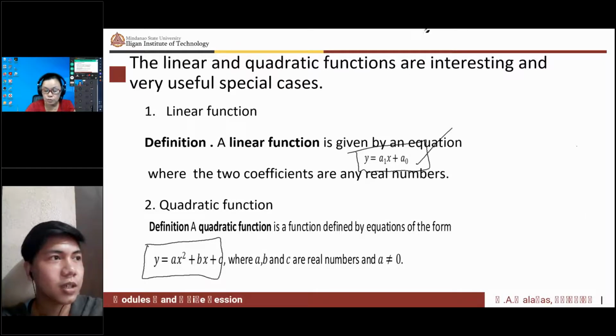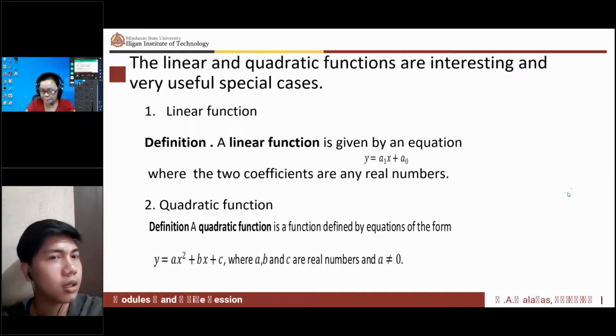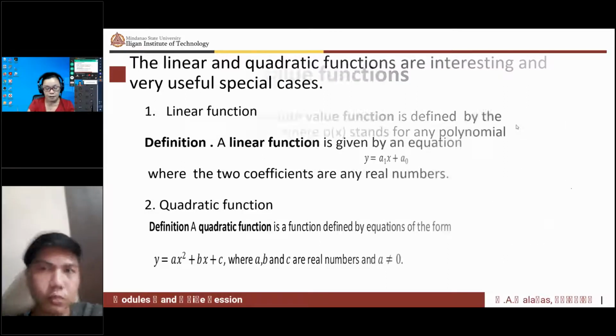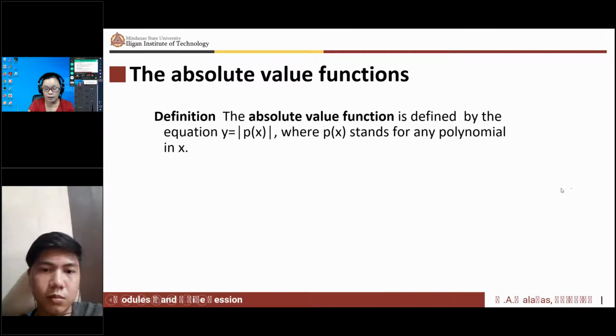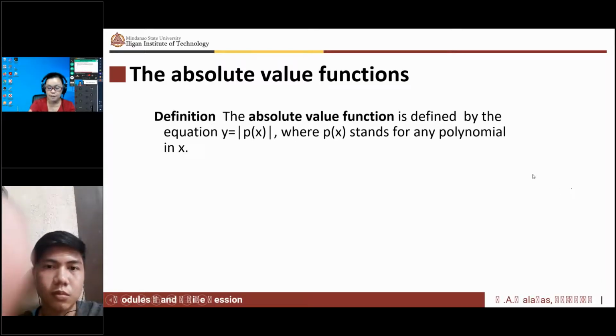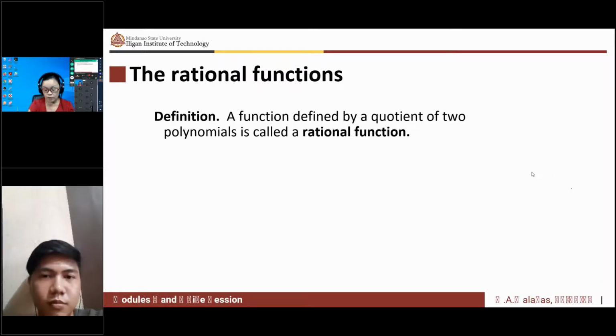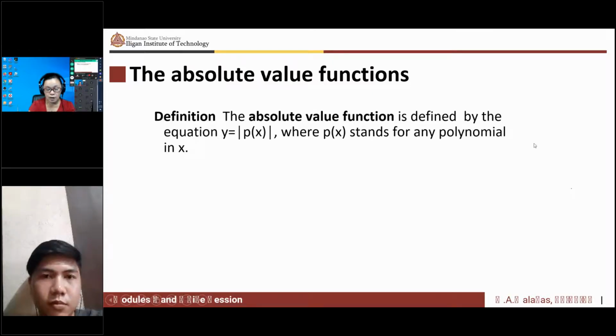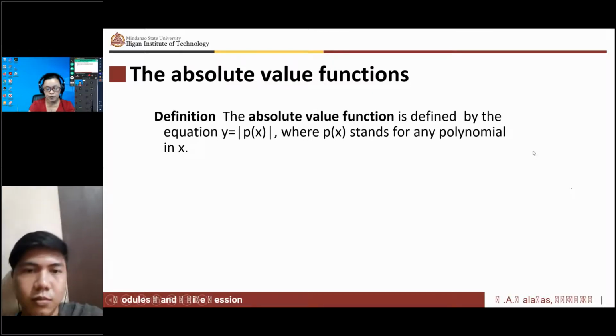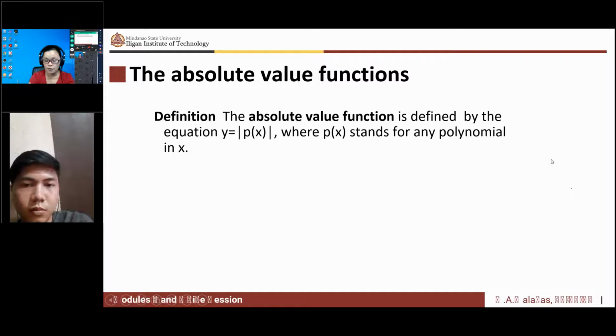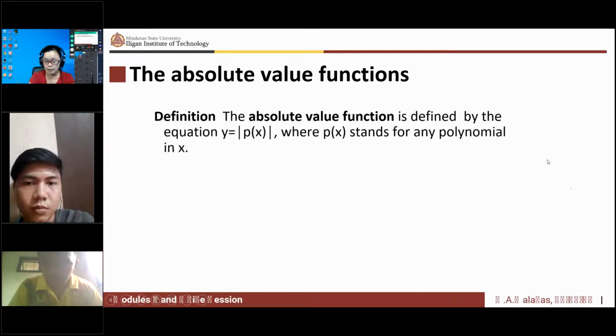Okay, so we also have the absolute value function that is defined by the equation y equals the absolute value of p of x, where p of x stands for any polynomial in x.